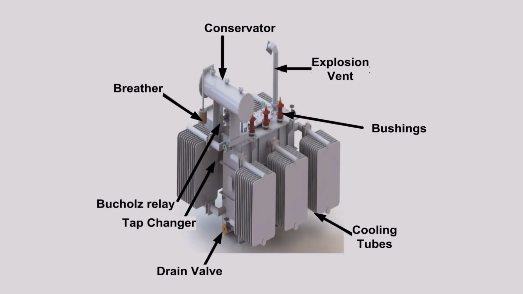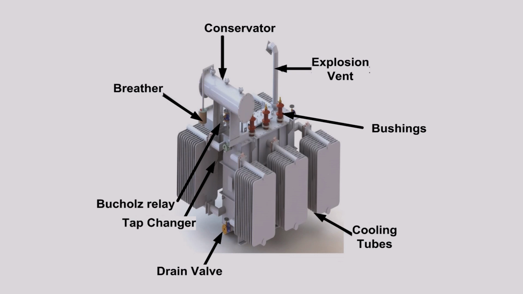You can see the picture of a transformer, where you can see the major parts: the conservator, the breather, and the explosion vent. In case a short circuit takes place in the windings of a transformer and the oil gets heated up and vaporizes, then without any major damage to the transformer, the oil vapor can get out from the explosion vent.